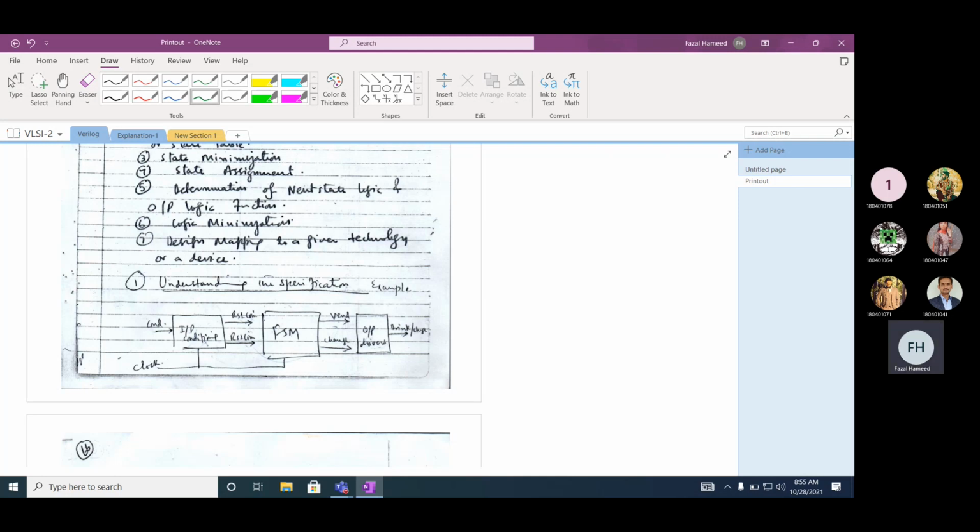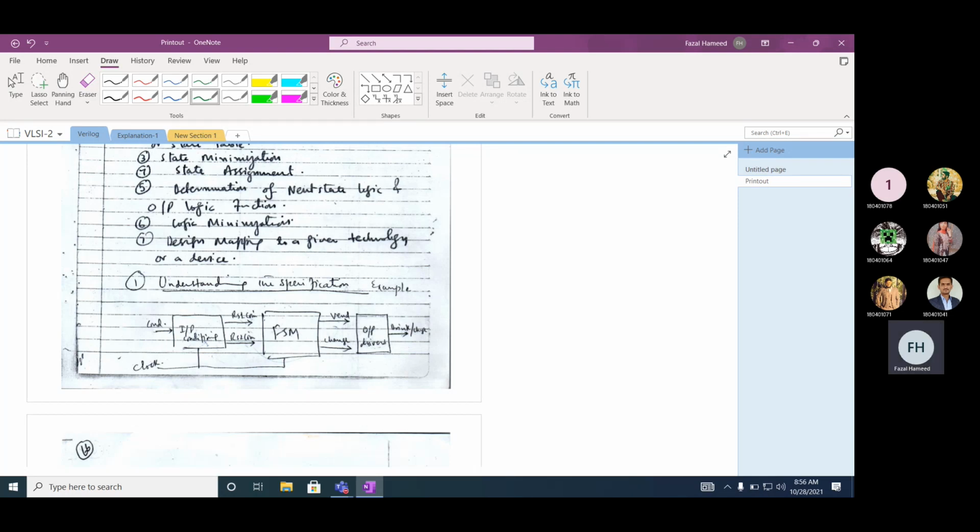Vend will be asserted when the system gives a product, let's assume a Coke. When the machine gives a Coke, the inputs are ₹1 and ₹2, and there is change. Let's assume the cost of this Coke is ₹3.